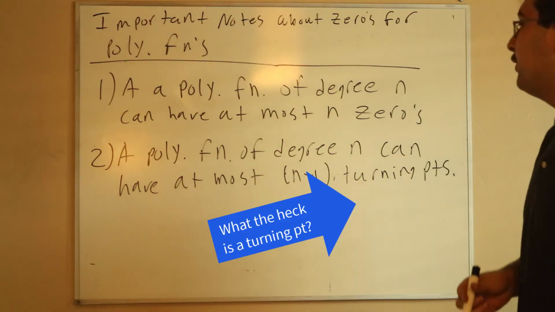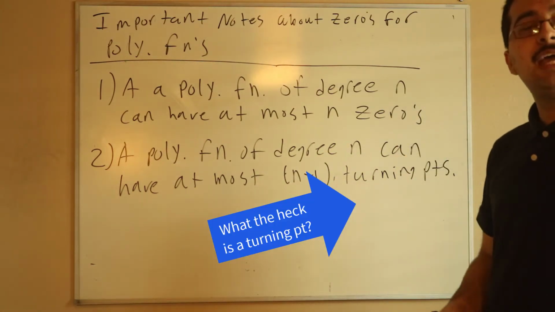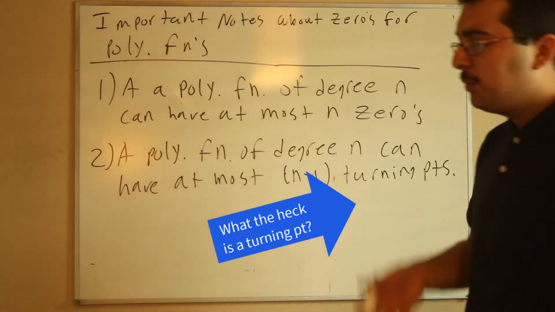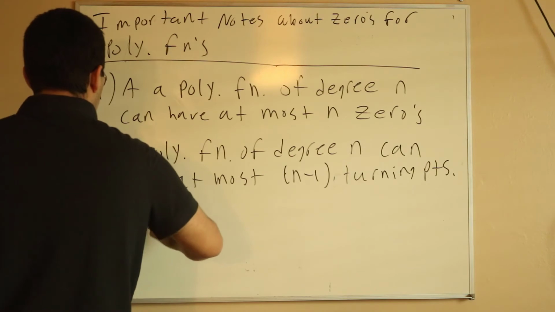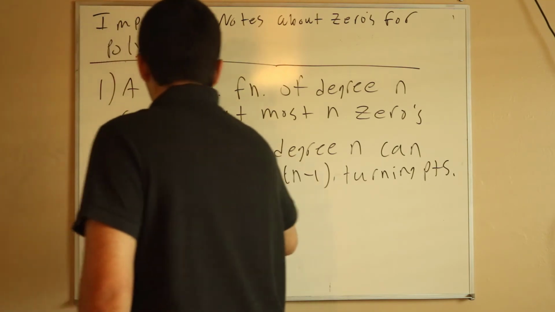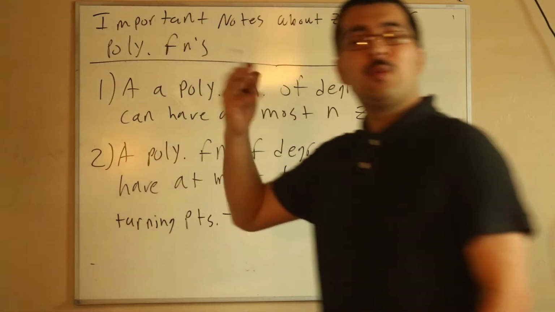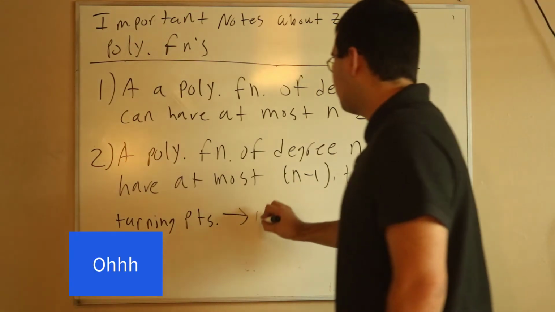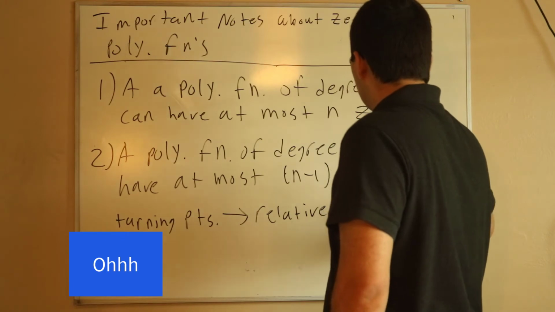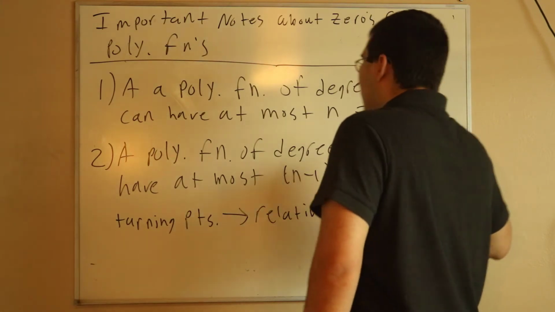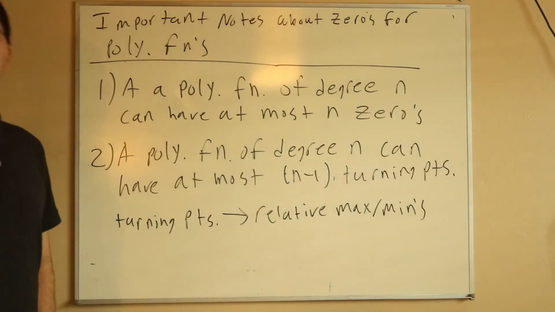So a polynomial function of degree n can have at most n minus 1 turning points. What do I mean by turning points? Turning points are relative max and mins. So any polynomial function can have at most n minus 1 relative maximums or minimums.